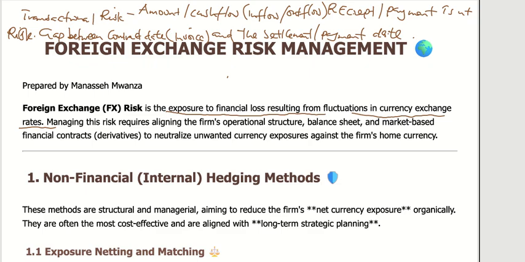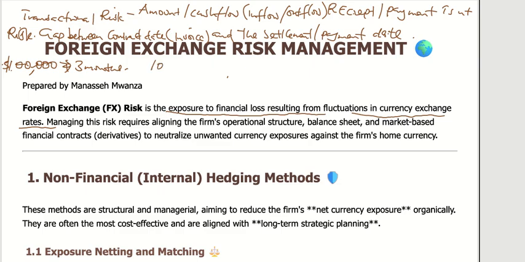So we have a situation where you have been given an invoice of 100,000 US dollars, and you need to pay this in the next 3 months. In this gap, anything can happen to the exchange rate, and once it varies, you find that in kwacha terms you'll be paying more than you are supposed to.